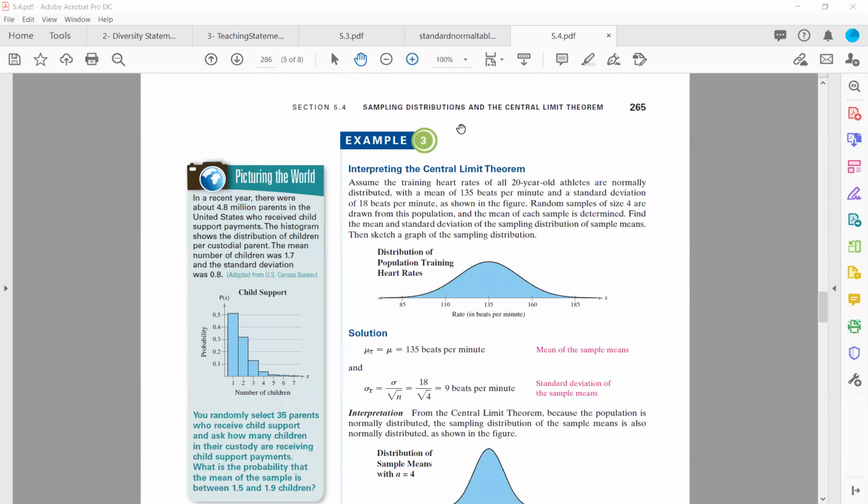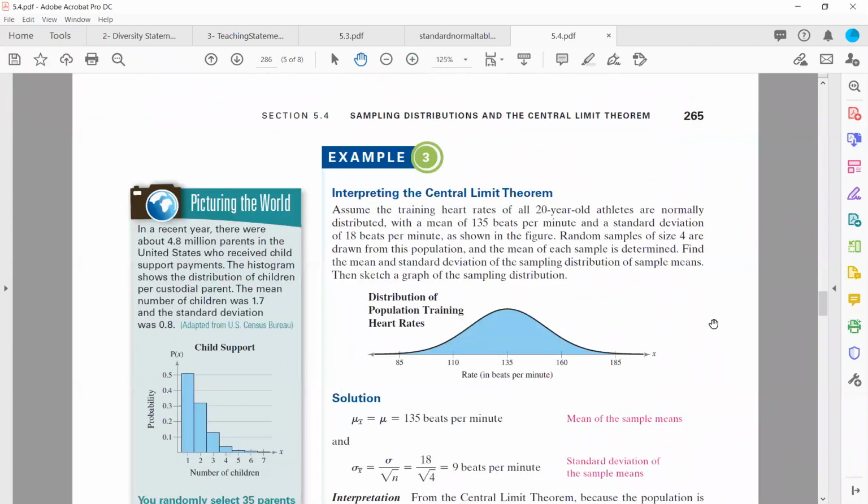So in this question, we have the training heart rates of all 20-year-old athletes, which is normally distributed. So you have a normal distribution. We don't care about the sample size; n is not important. We already know that we have a normal distribution.